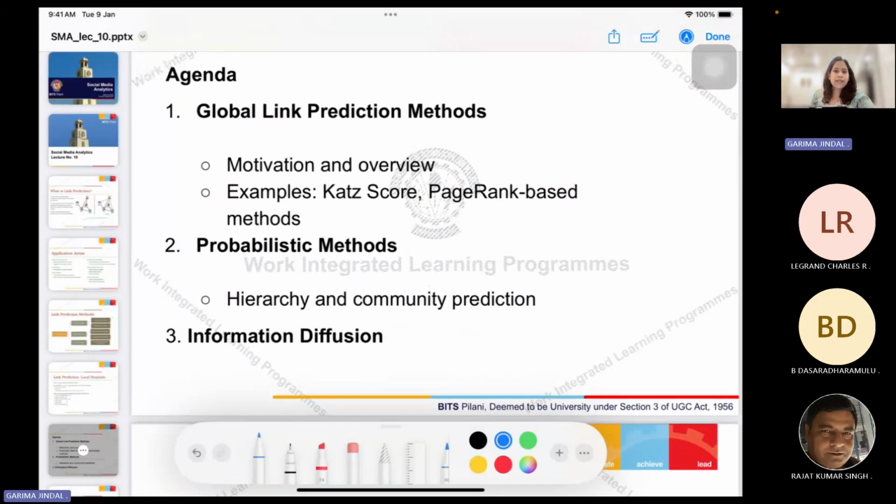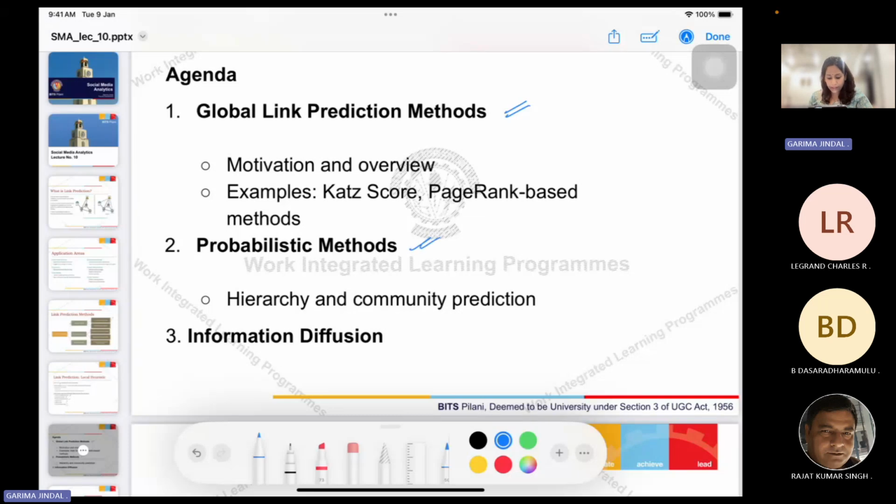So this is going to be the agenda for today's lecture. Until now, I have given you a quick recap of what we covered in our last lecture. In today's class, firstly, we are going to see the global methods. I will also tell you the difference between global methods and local heuristic methods, and in which situation you should choose which of the two.